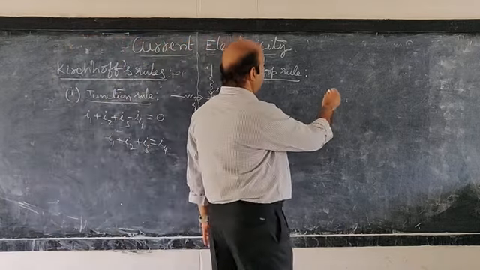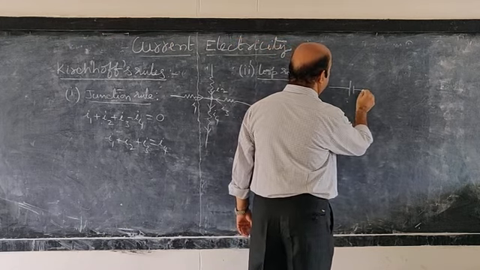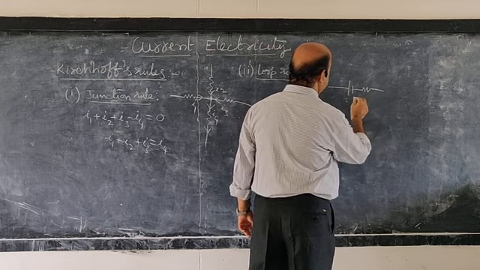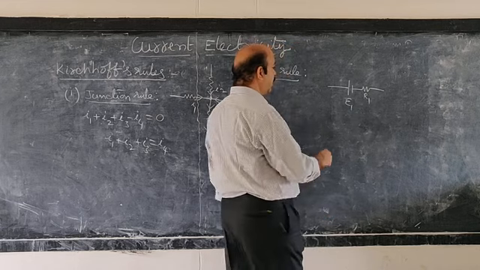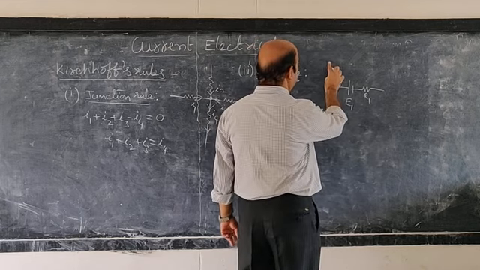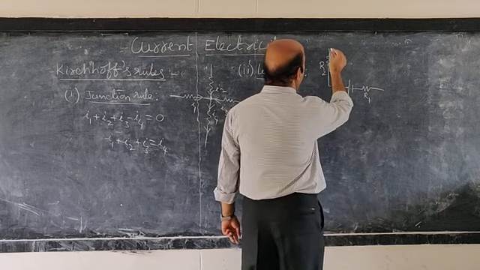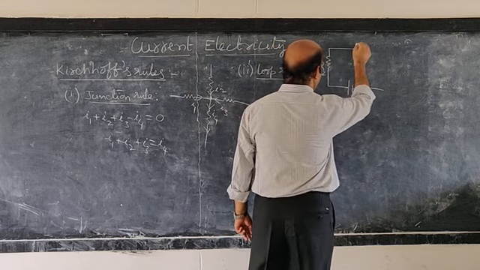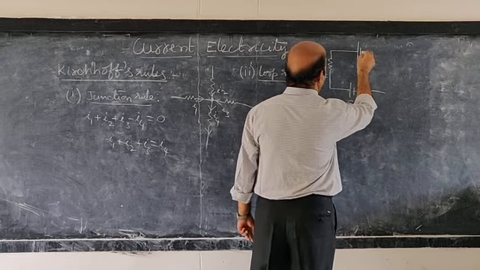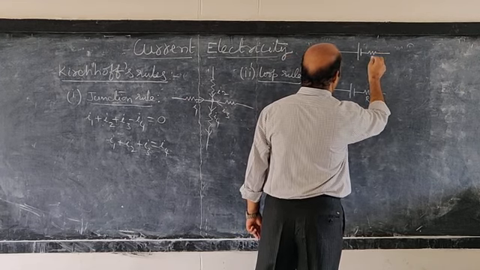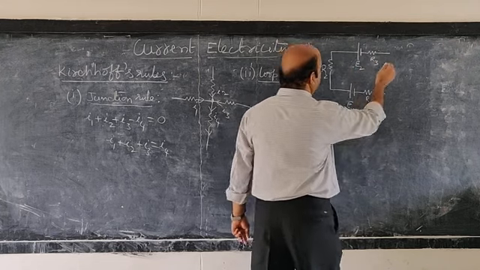So let us consider a cell, and suppose it has a resistance, say R1, and EMF E1, and here is another resistor. Let us call it R2. Here we consider another cell, taken like this, with resistance, say, R3, and EMF E2.